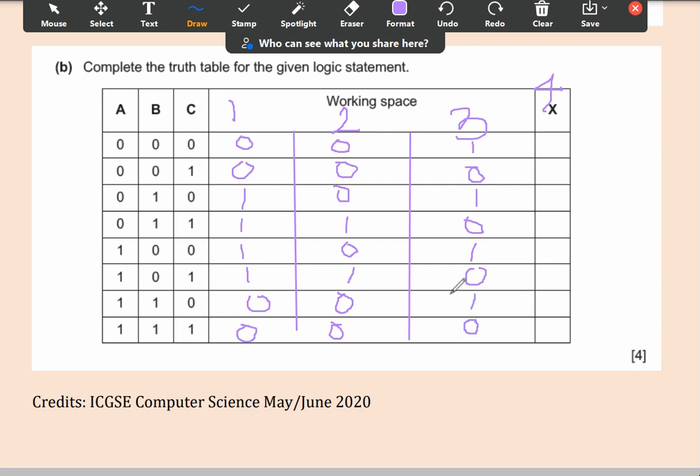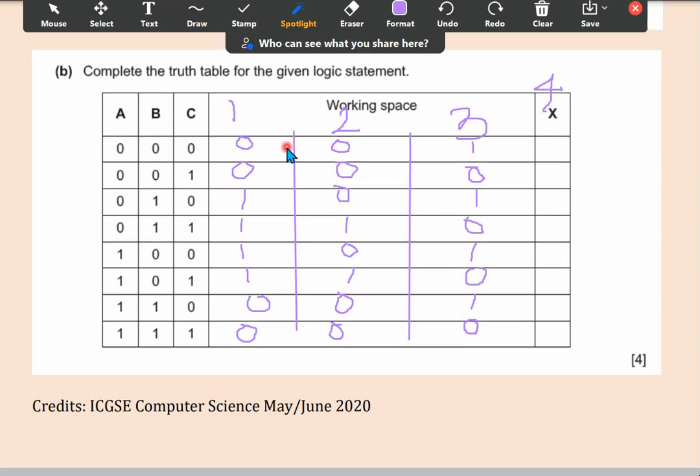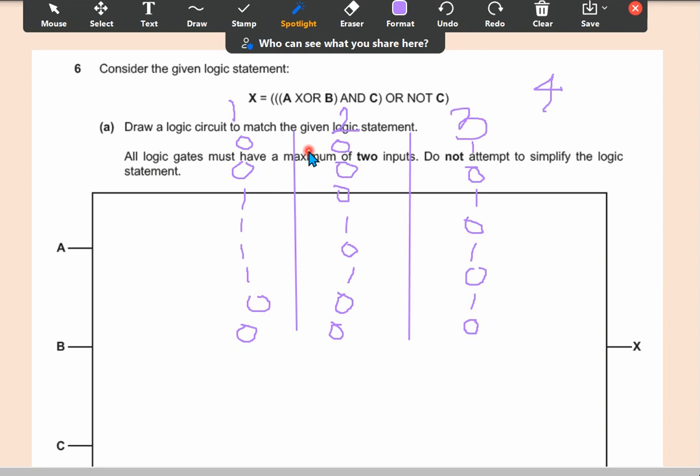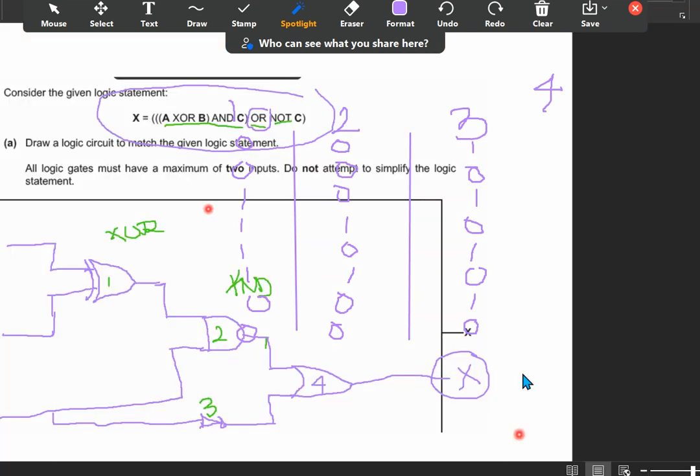And lastly, for the fourth gate, it says A XOR B and C, or not C, which is the fourth gate that we discovered a while ago. So if we go back here, the fourth gate is the OR gate of gate number 2 and gate number 3.